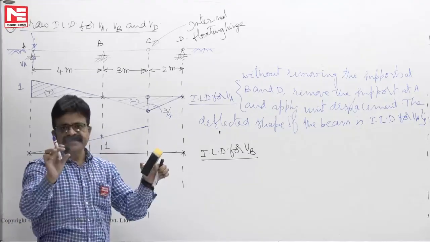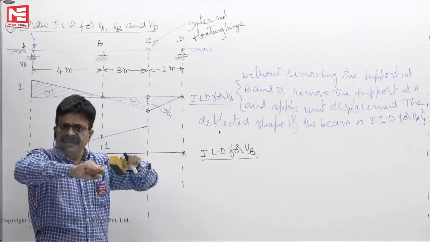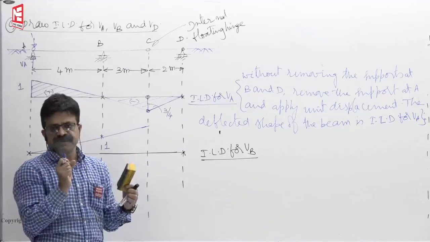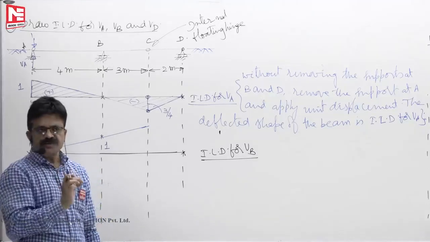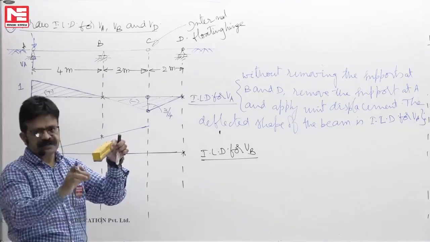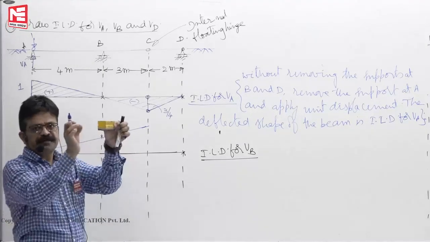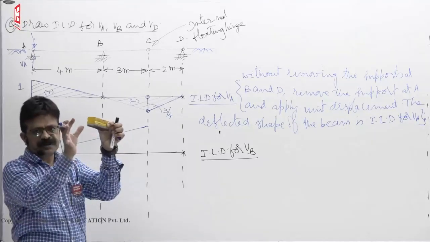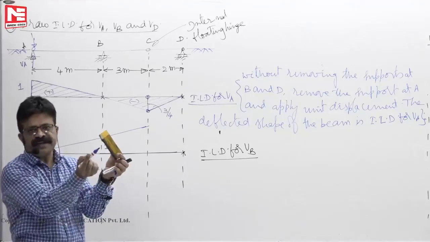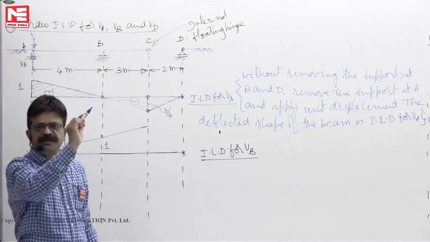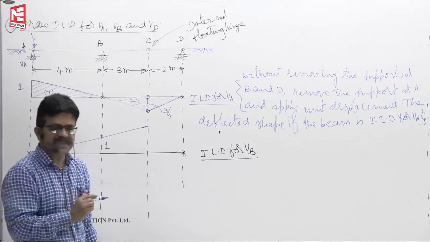Since ABC is a single member, in between you should not bend them or break them, because it will undergo rigid body displacement only. So smoothly, like a pen you take it when you are experimenting. Take a pen, hold it at the positions, then lift it without bending the pen or breaking the pen. Whatever shape that pen takes, that is the influence line diagram.